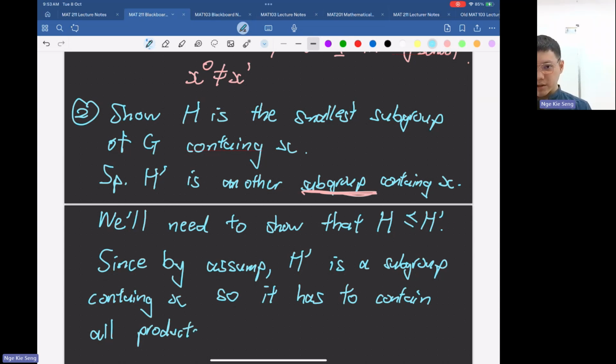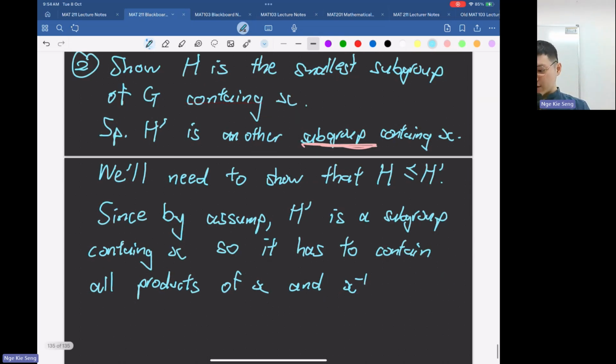The law of composition, any composition of X and X inverse. You can take inverses, and then you can take combinations between inverses and products of X. But all these are just our H that we defined.